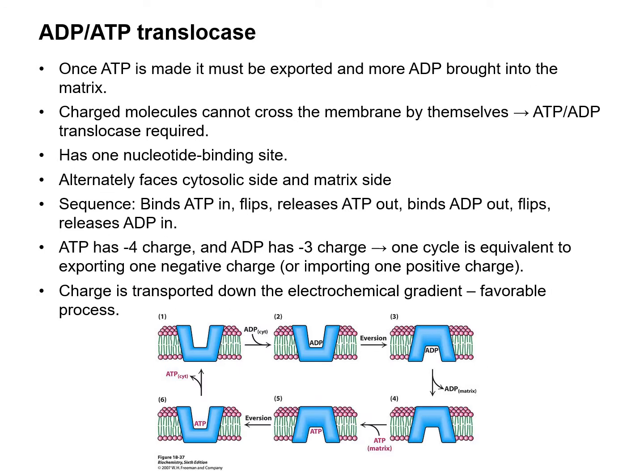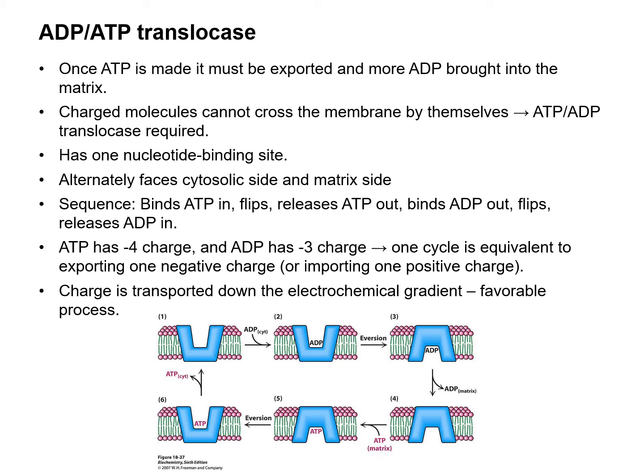Once ATP is made by the ATP synthase in the mitochondria, it must be exported, and more ADP must be brought into the matrix to generate more ATP. But charged molecules such as ADP and ATP cannot cross the membrane easily by themselves, because the membranes are basically nonpolar lipid bilayers.